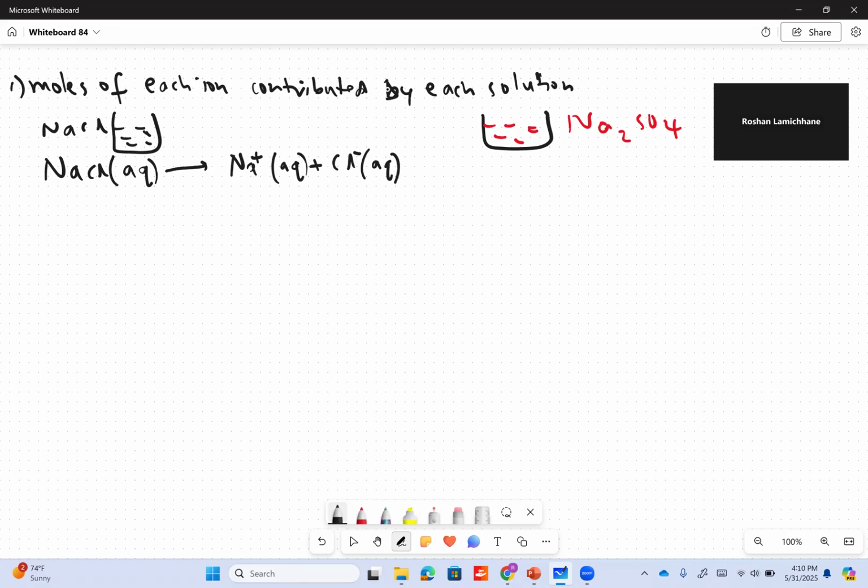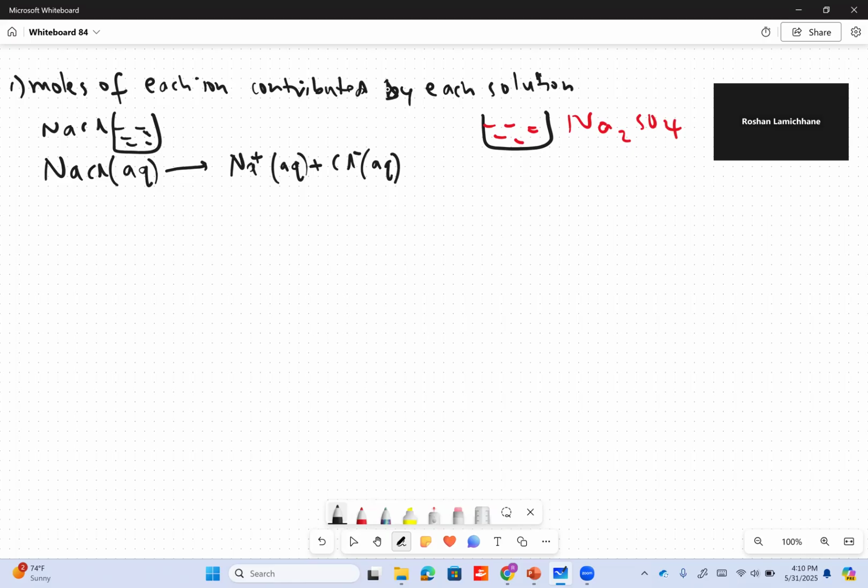Anytime after you write this, make sure you balance the charge as well as the number of atoms. For this kind of problem, I think just balancing the number of atoms first and then balancing the charge next will do. For example, I look at NaCl. I have one sodium atom on my reactant side, same thing, one sodium atom. One chlorine atom on my reactant side, same thing, one chlorine atom. Overall charge, I have a charge of 0 on my reactant side.